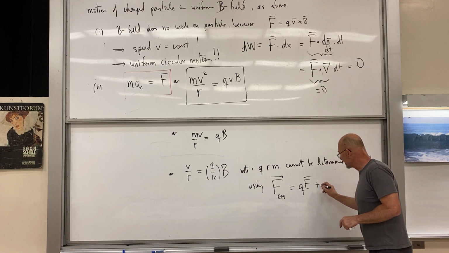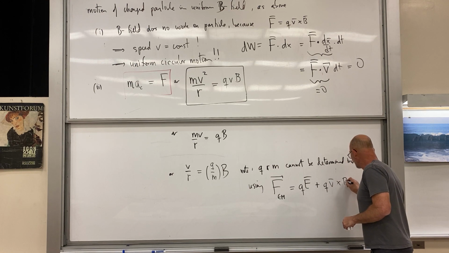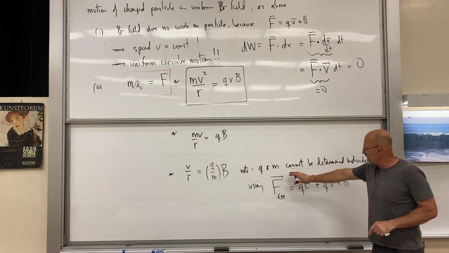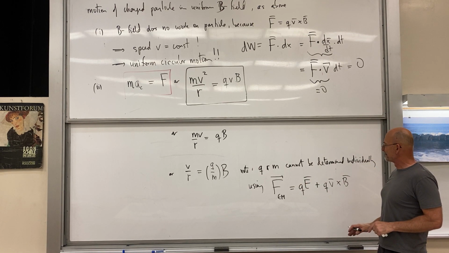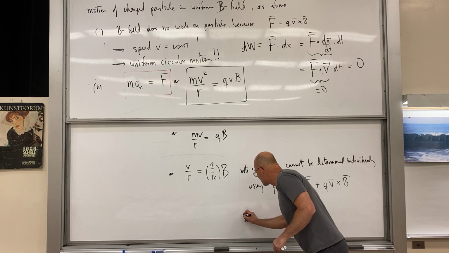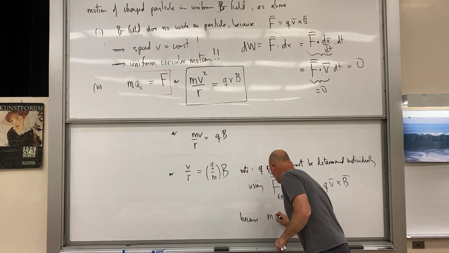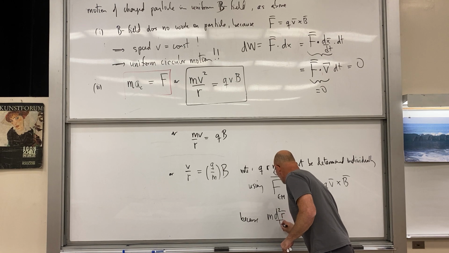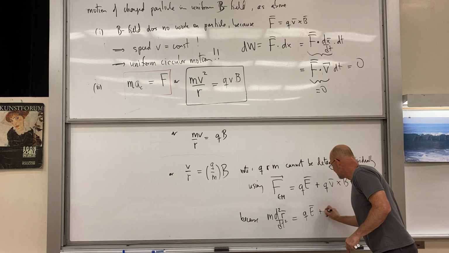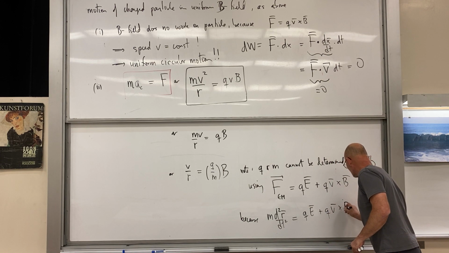But if you have electric fields and magnetic fields, it's Q V cross B added to there. So you can't determine Q and M individually because of the way these show up. Yeah, Newton's law, because M d squared R dt squared is equal to QE plus QV cross B.